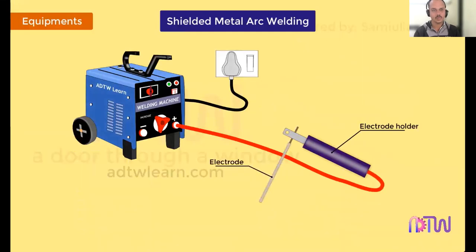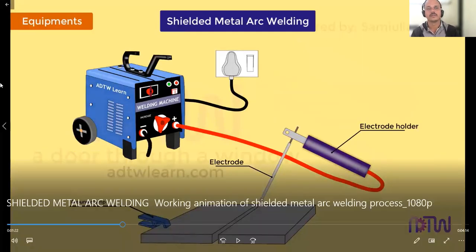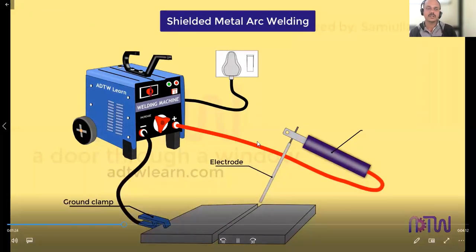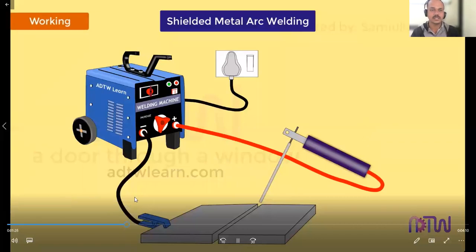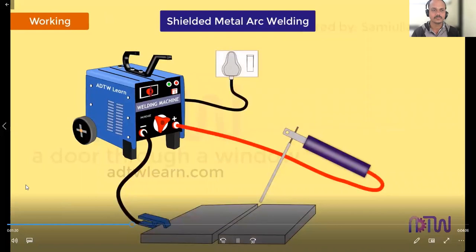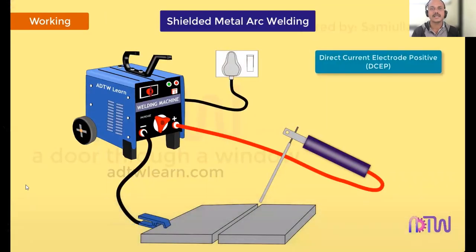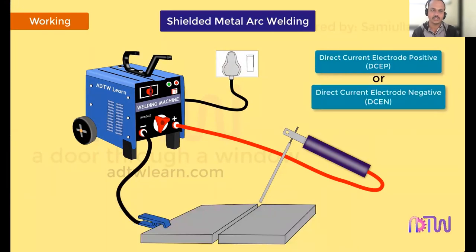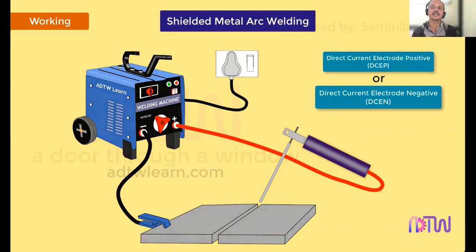One positive cable from the transformer is connected to the electrode holder, and another cable from the negative terminal is connected to the workpiece with the help of a clamp. So here, when we start the current, that is direct current electrode positive. This is one method, and the other is direct current electrode negative.